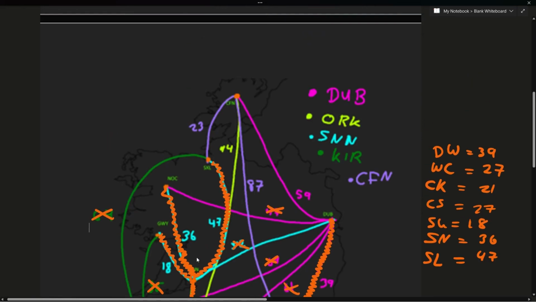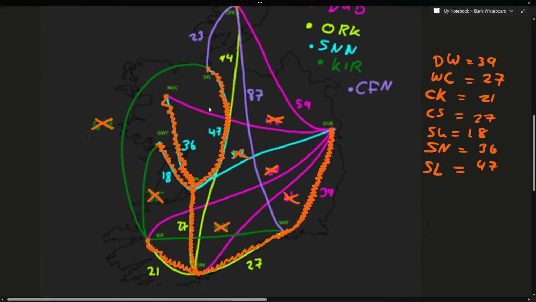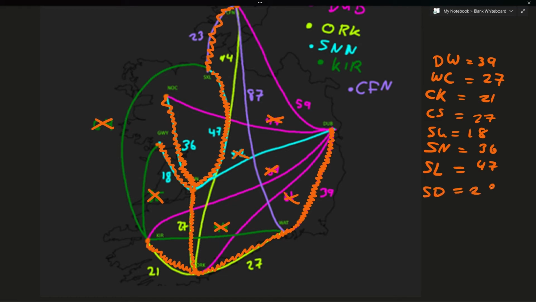Now, the only one we haven't connected as of yet is Donegal. So we're just going to connect Donegal with the shortest route that doesn't create a cycle, which is Sligo to Donegal of 23. So Sligo Donegal is 23. Now we're just going to check if every other one creates a cycle. Into Cork, obviously creates a cycle. Here to Waterford creates a cycle, and here to Dublin creates a cycle.